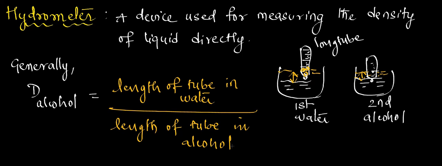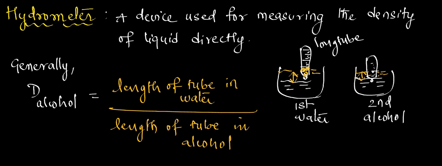But this is a very big process, right? So they thought, why take a tube, why take lead shots into it, why measure the length? It's a huge process. So they took the length of the tube in water and the length of the tube in alcohol, and seeing the readings, they designed a simple instrument, that is your hydrometer.